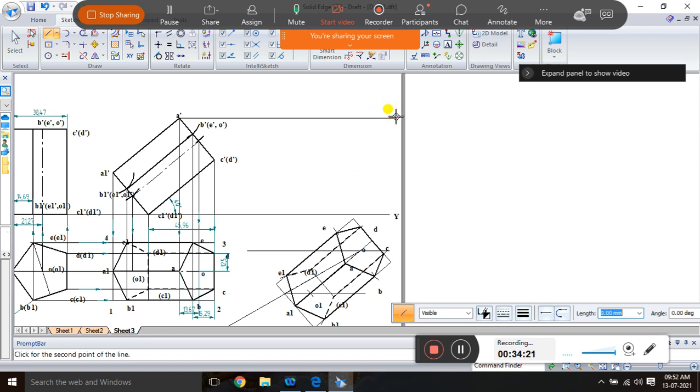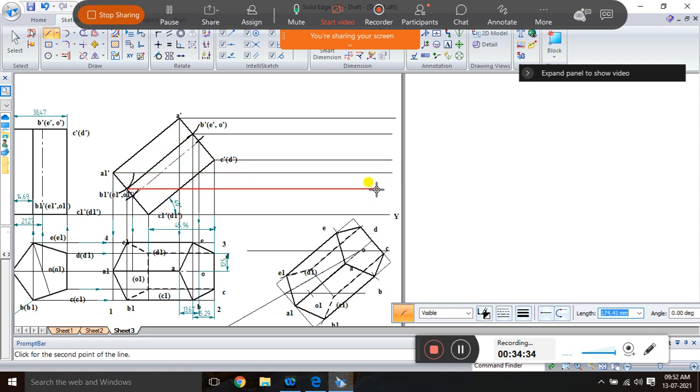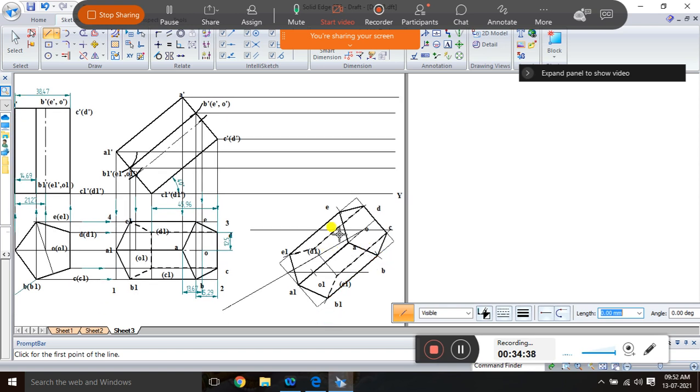So you have to project all the points. Okay, yes. First, if you see from the front, this bottom face is visible and this top face is not visible.